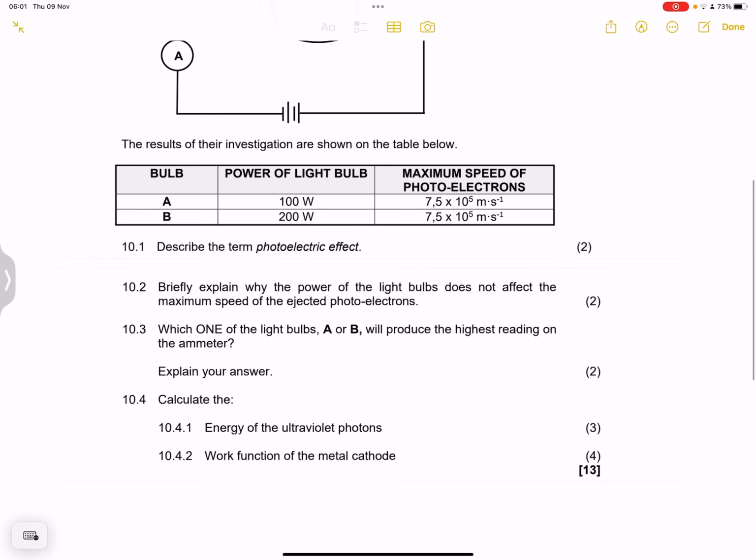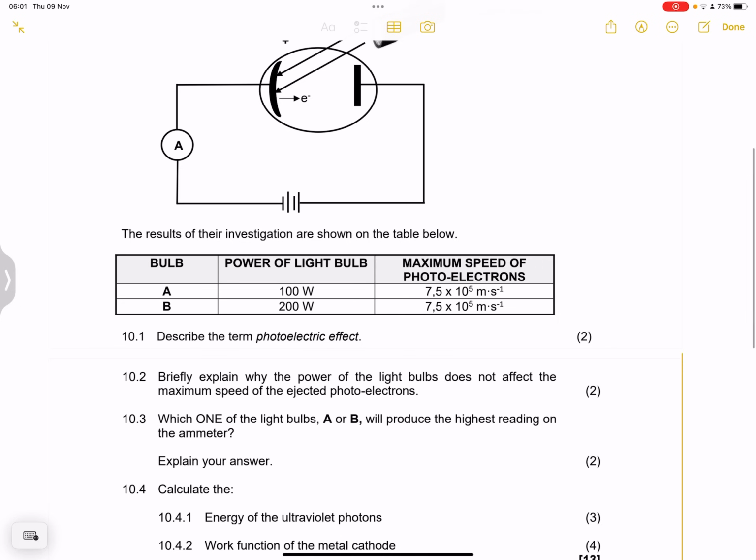There will be more electrons emitted per second, but only increasing the frequency of light will actually increase the speed of the electrons. We can simply explain that increasing the power does not affect the frequency of the light, and therefore the maximum speed will remain the same. Remember, only frequency will increase the speed.